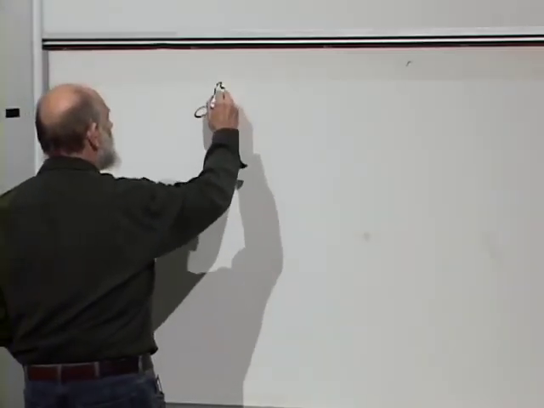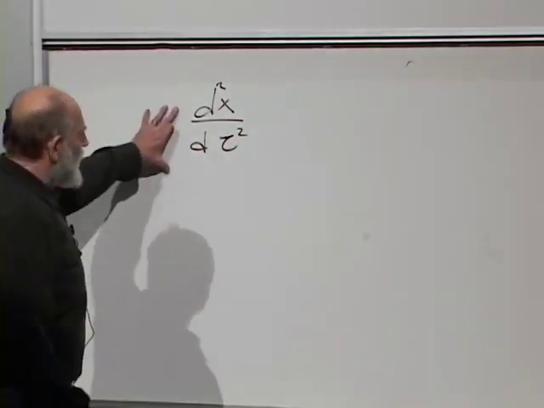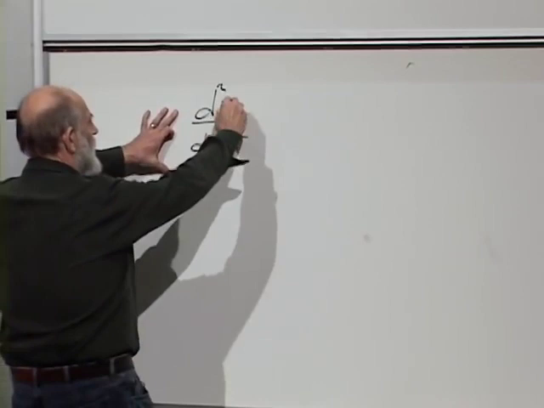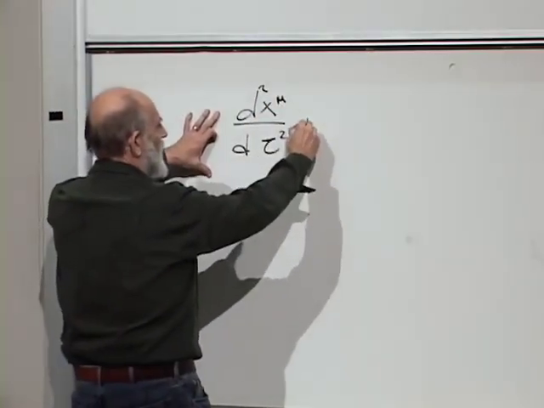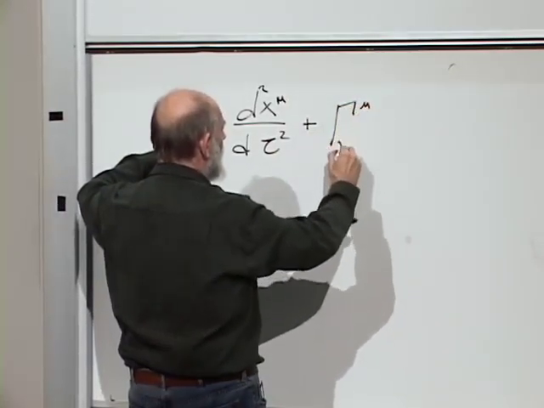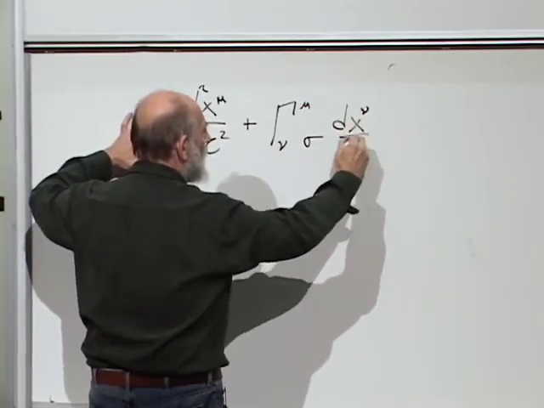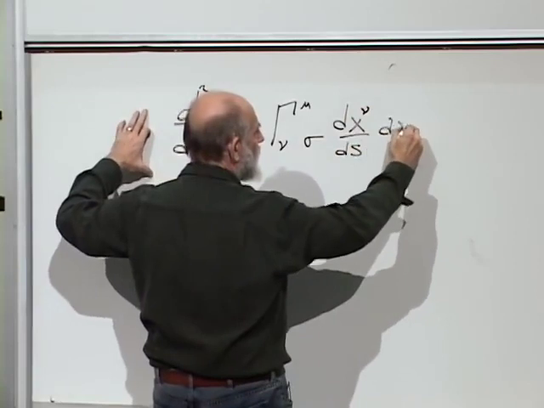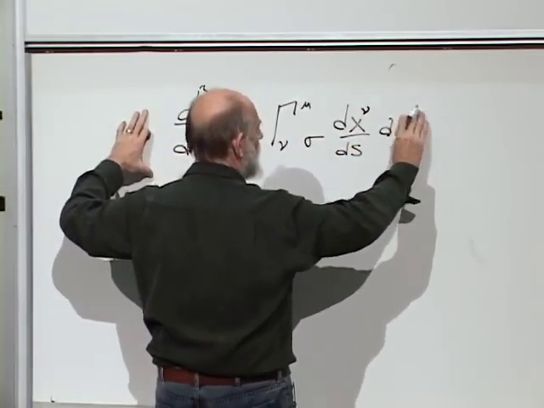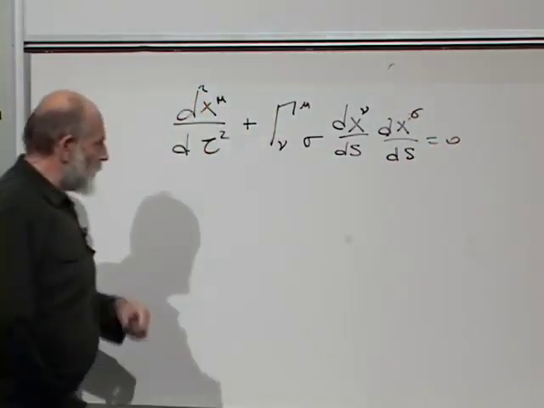The equation for your geodesic in terms of the tangent vector is d second x by ds squared, or d tau squared, plus, anybody remember what else there is? That's the equation for a geodesic.